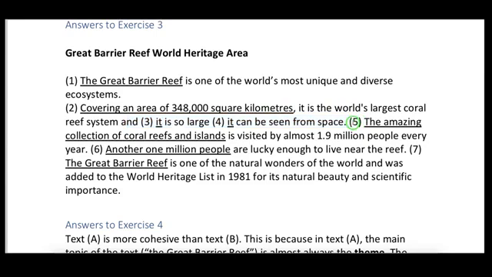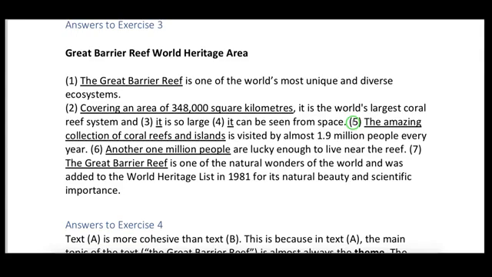In number 5, the amazing collection of coral reefs and islands, well, that's just another way of saying the Great Barrier Reef, right? So it makes sense that that is the theme of the sentence. It would be kind of strange to put that as the focus of the sentence because it's not new information.